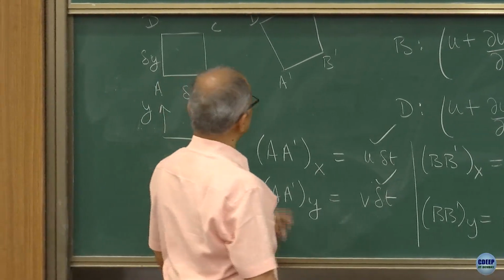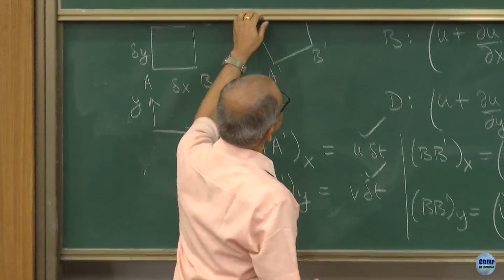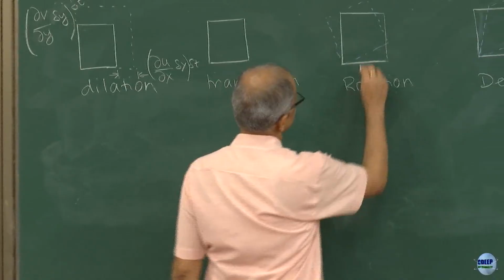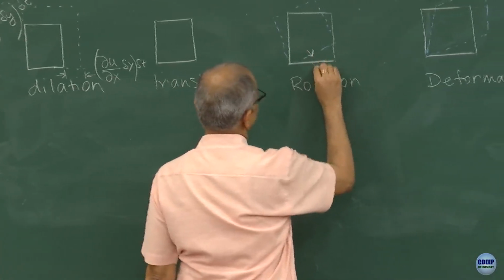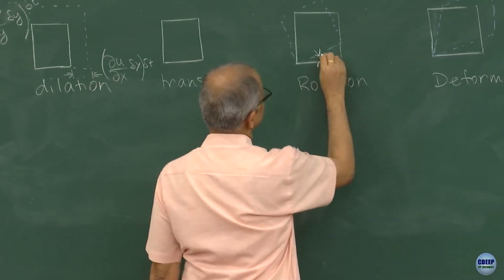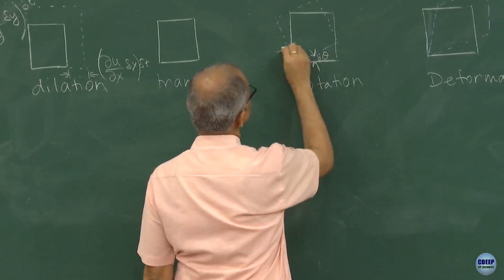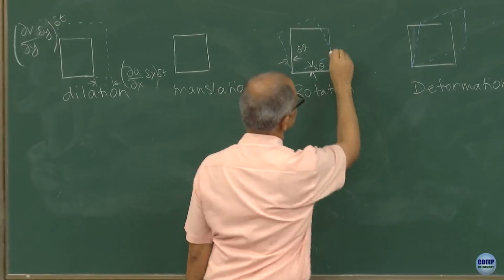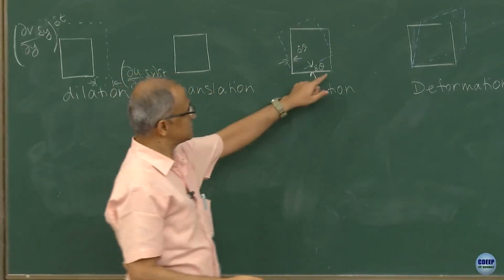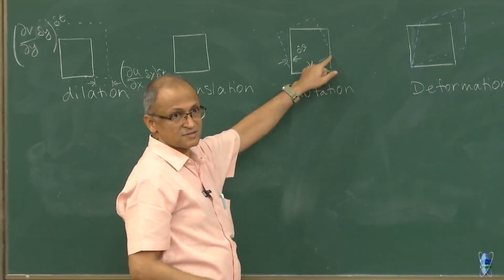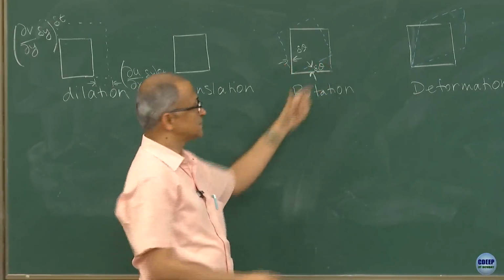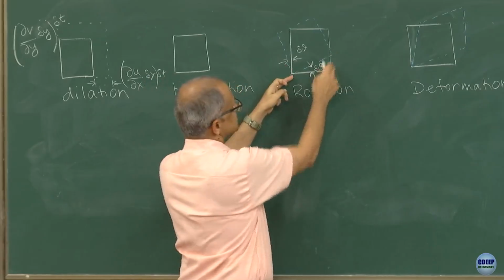So now what we are left with is the rotation and the other part. So let us say that this rotation is by an angle delta theta. How much is the movement of this element? Is it delta theta multiplied by delta x? So this is the arc length and this is my angle.